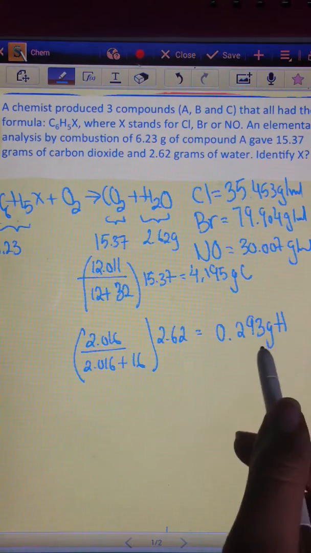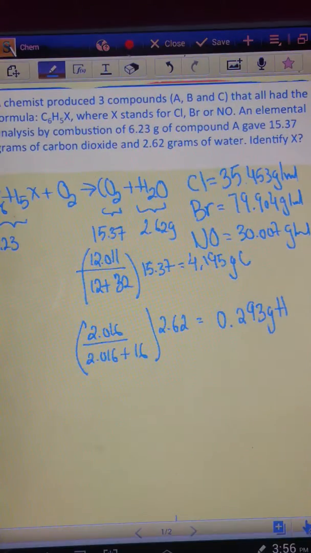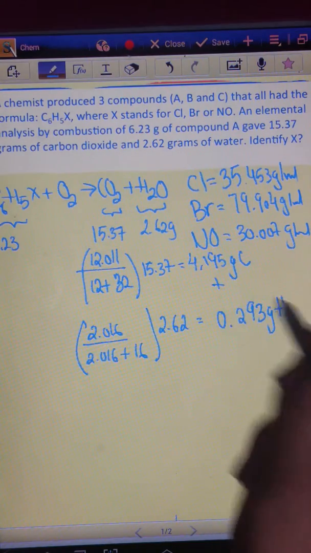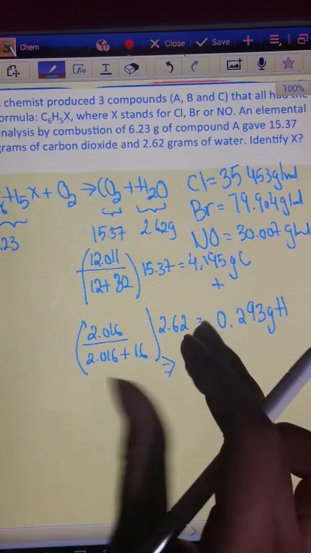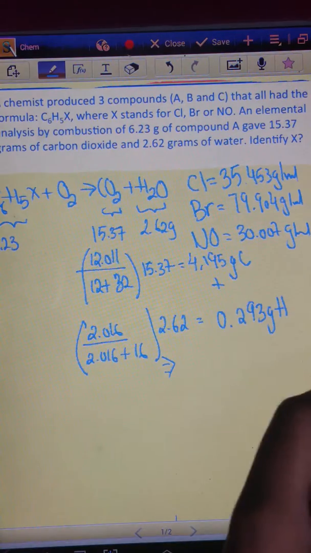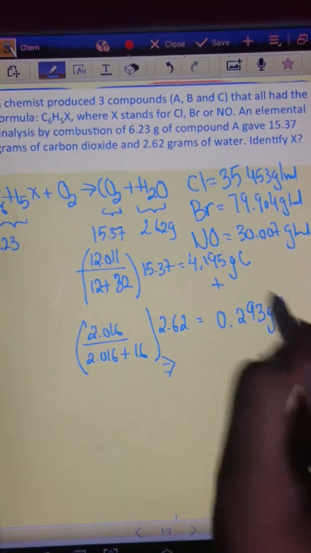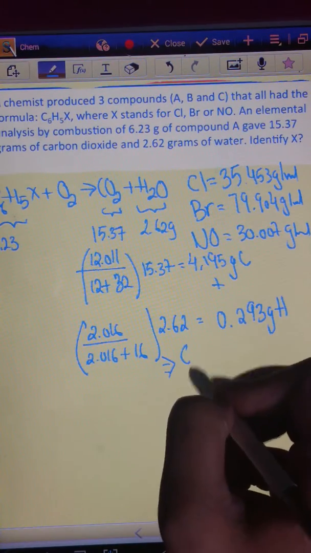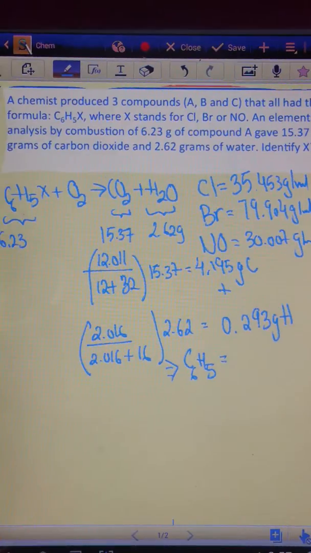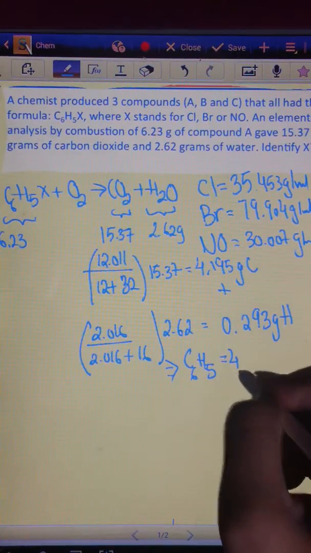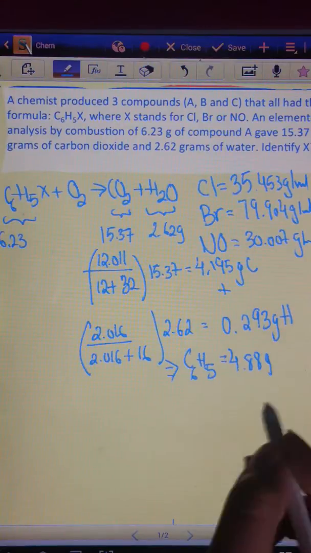If we combine them, we can find the total mass that we began with of C6H5 and use a comparative approach to finding X. So let's add them up, and we get 4.88 grams of C6H5.